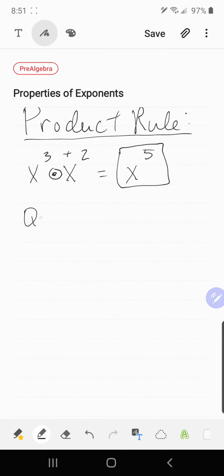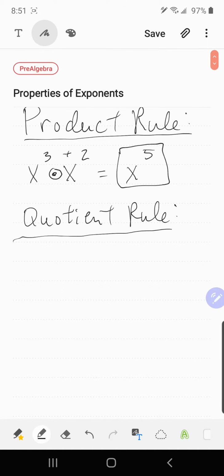Next rule we're going to look at is the quotient rule. What the quotient rule says is if you have a base to a power, and it's a fraction this time, quotient means to divide, and a fraction also means to divide, by the same base with a power, what you're going to do is take the common base, and you're going to subtract this time the top exponent minus the bottom. 3 minus 2 is 1.